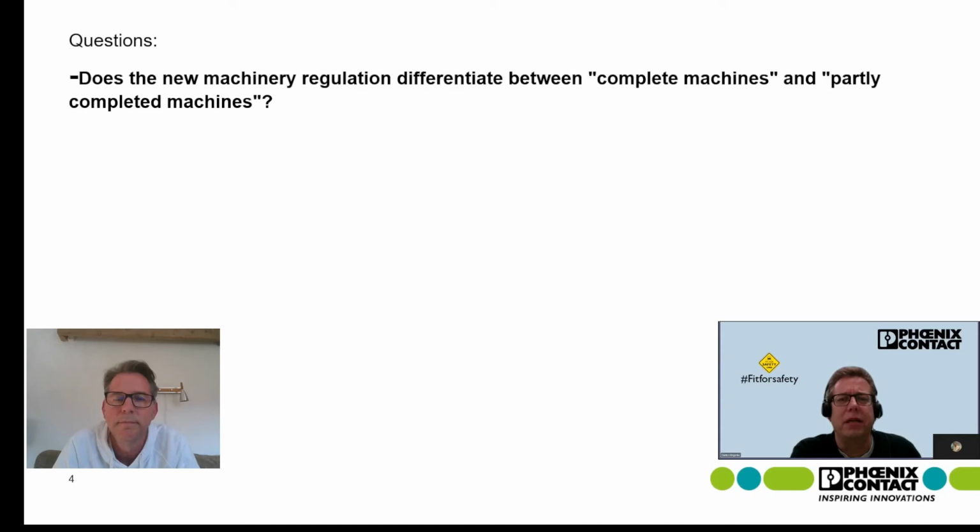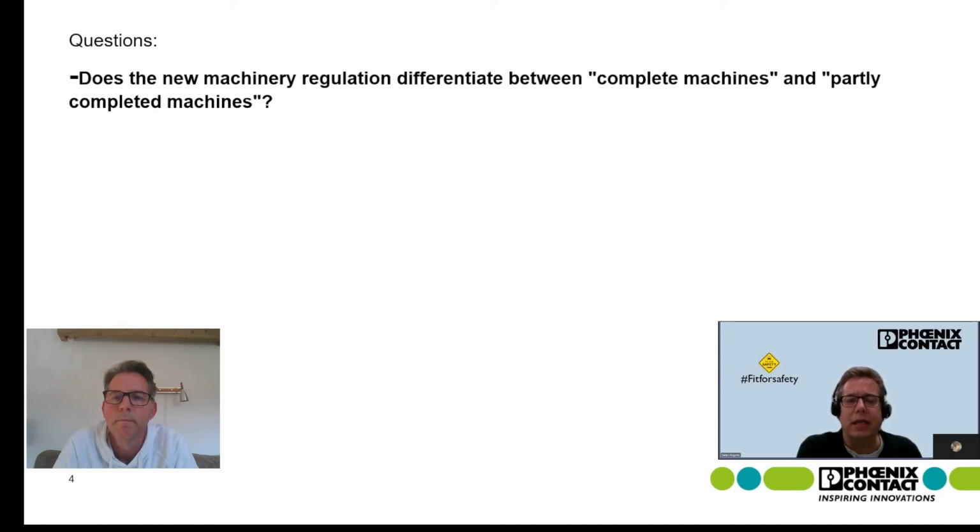Just to keep us updated, a complete machine is typically a machine which is fulfilling 100% the so-called essential health and safety requirements as they are listed in Annex 1, while a partly completed machine is not fulfilling 100% of these requirements. A typical example might be an industrial robot, where all the guarding systems are still missing.